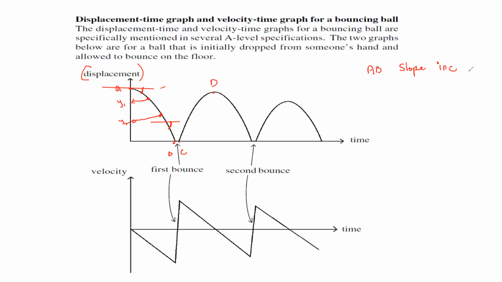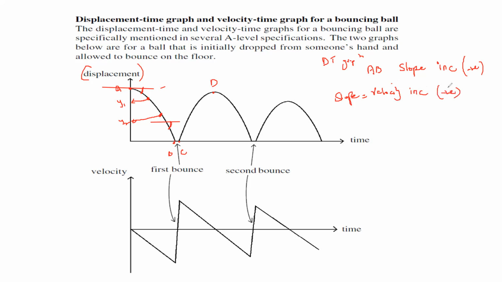So the slope should increase and it should be negative. We have a displacement time graph, and we know for a displacement time graph the slope represents velocity. So what should happen to the velocity?